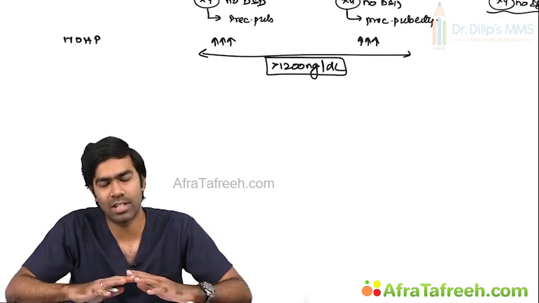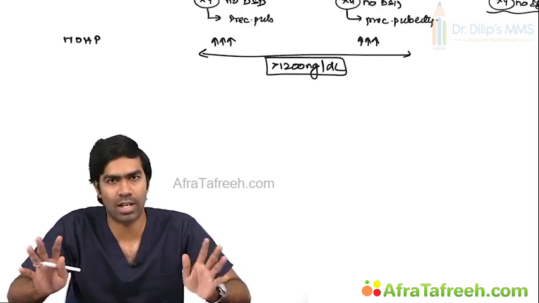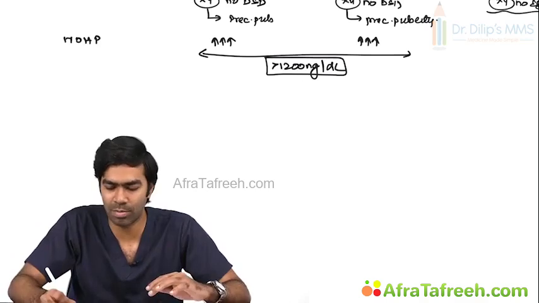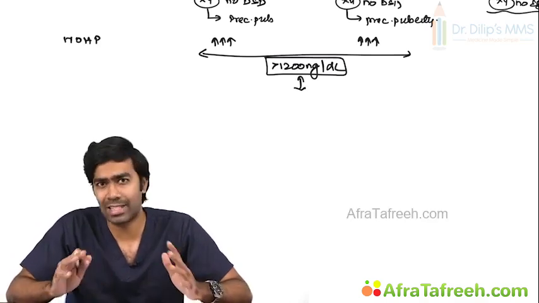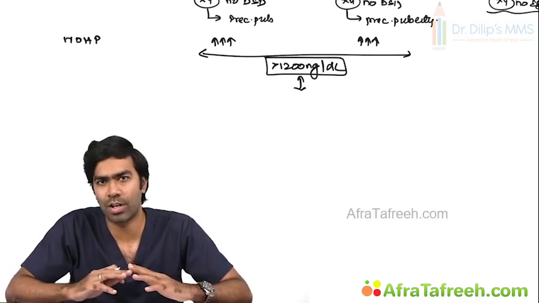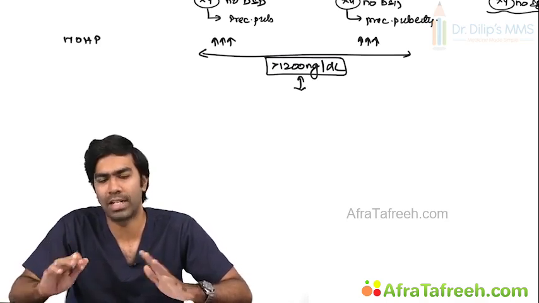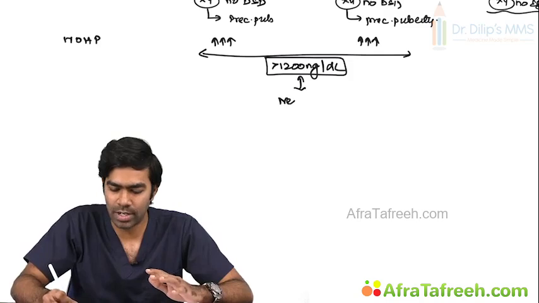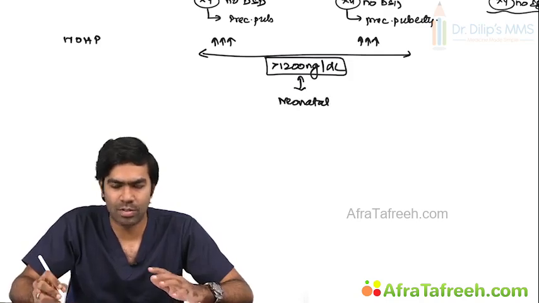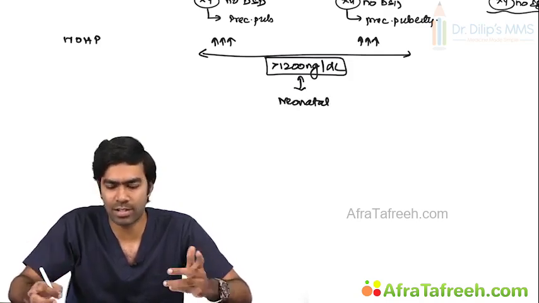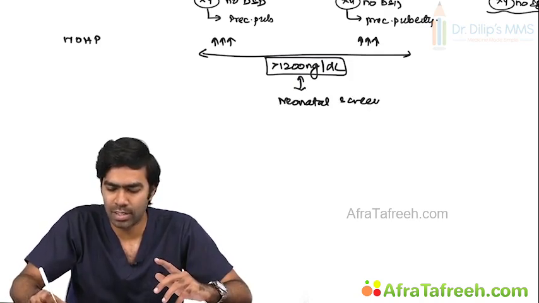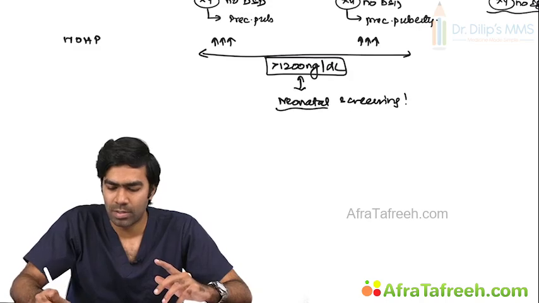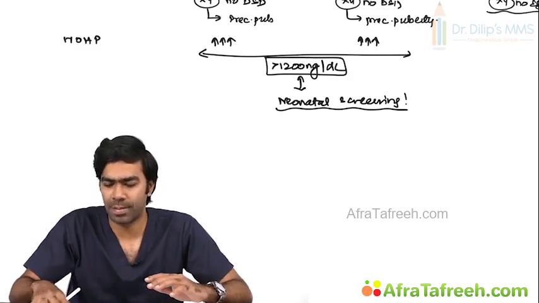If you see this range, it's a clear-cut diagnosis that is a classic congenital adrenal hyperplasia. Remember, this classic form of congenital adrenal hyperplasia due to 21-hydroxylase deficiency can be detected by neonatal screening test. So very commonly we do the heel-prick test in neonatal screening. So in the neonatal screening, easily it can be picked up because the levels will be very high.